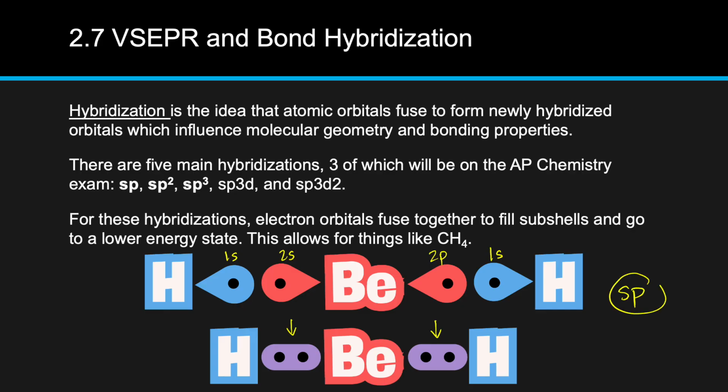So this hybridization for this molecule would be known as sp hybridization. So now instead of all of these different names for the orbitals, we now call them sp orbitals, and they are hybridized because they are coming from 2 separate orbitals that we overlap together and formed a new name for that.